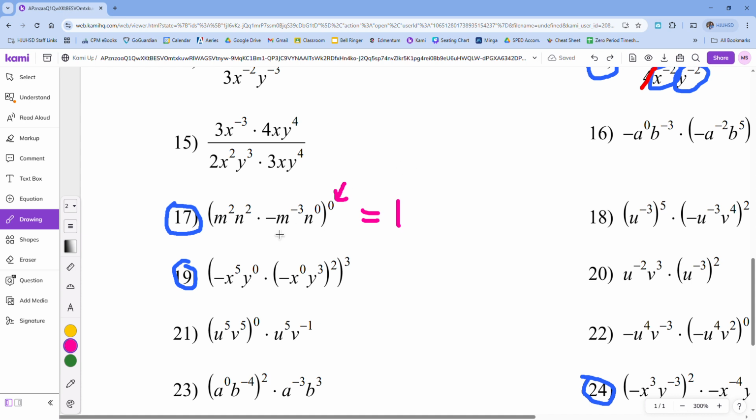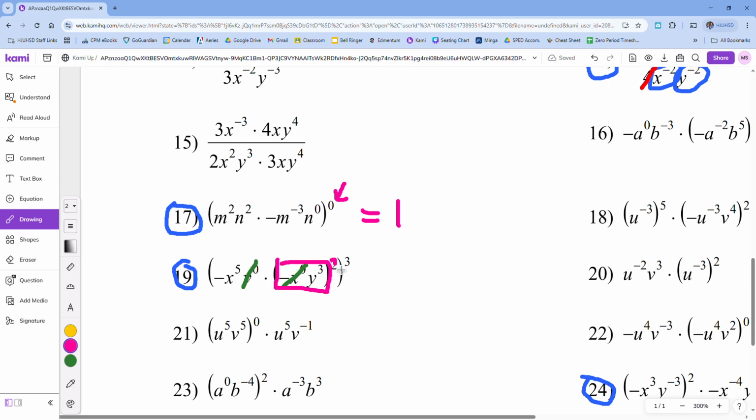And then now number 19. That's a nice one. That's a good request. So once again, if I see a power of 0, I'm just going to erase it because it's just 1, and 1 will disappear in basically any kind of operation except for plus and minus. So what do we have left? Well, we have this parentheses here that is squared.